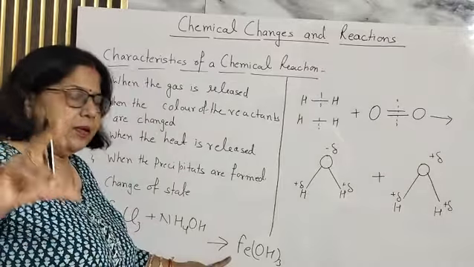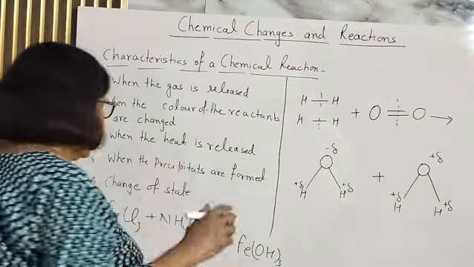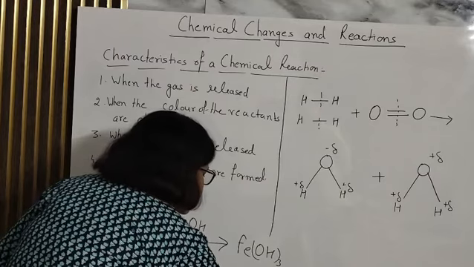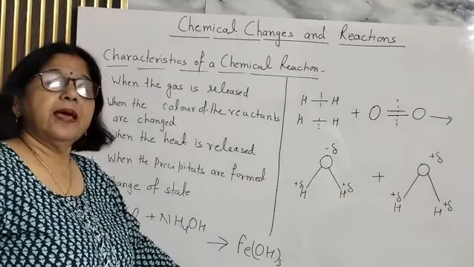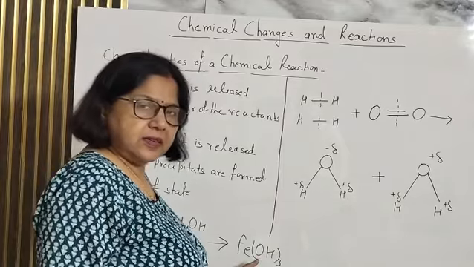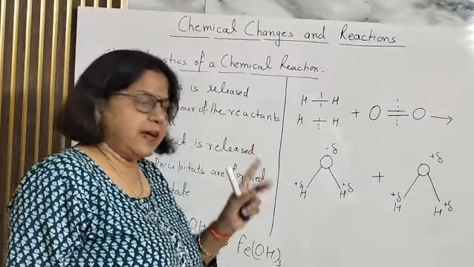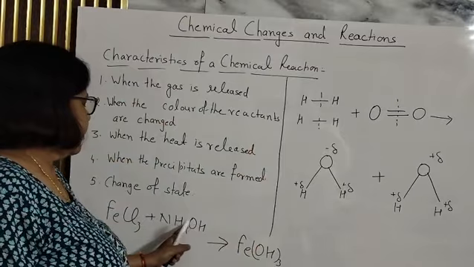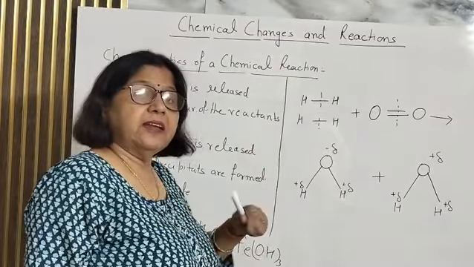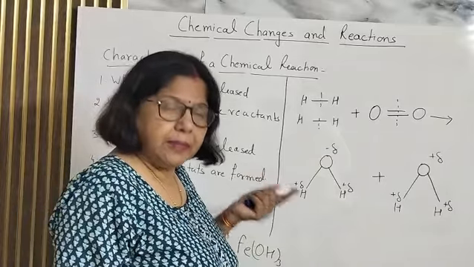In your test tube, the reddish brown solid particles will accumulate, and there will be a colorless compound, NH4Cl, which you cannot identify. So when the two transparent liquids, ferric chloride and ammonium hydroxide, are mixed together, a reddish brown precipitate is formed. That is also an indication that the reaction has taken place.